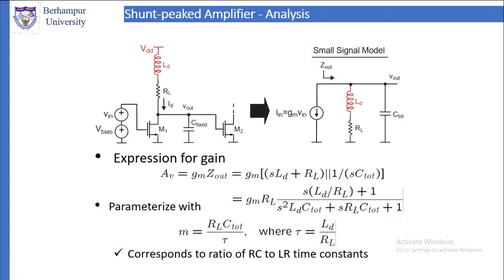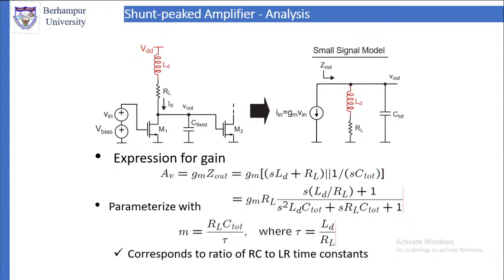So first let us do the analysis. Here is the circuit. Left side is the circuit. Right side is its equivalent circuit. You can do the analysis of the equivalent circuit easily. Find out what AV is. AV is equal to GM into Zout. Now Zout is equal to the series combination of RL with LD, in parallel with C total. That is what Zout is.